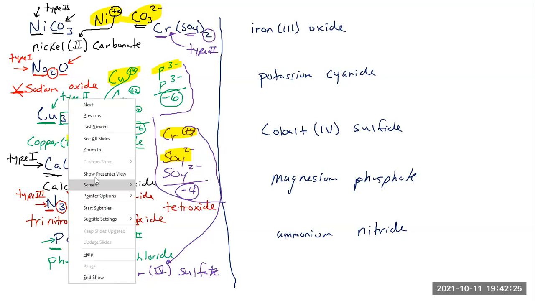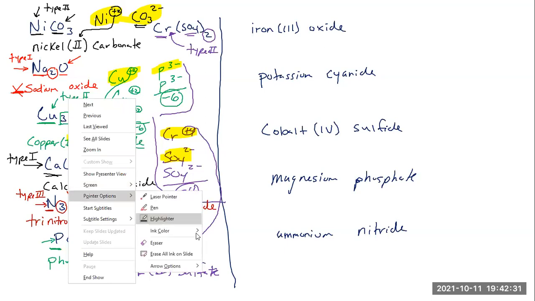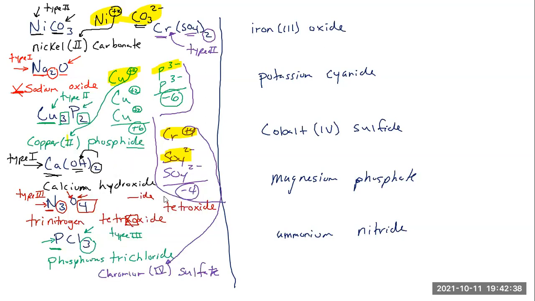So for the type, because you know how it's type 1, type 2, that determines whether or not the Roman numerals are going to be put in as well. And then correct? Yeah, I'm sorry, I didn't mean to cut you off. So whenever a metal's involved, there are really 3 places where a metal could be involved.